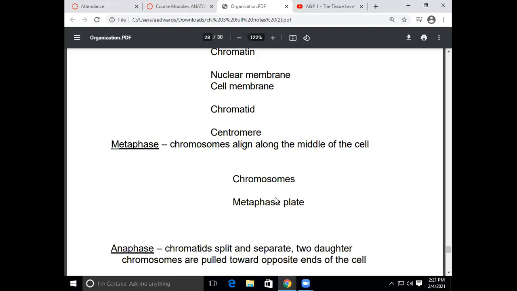Those spindle fibers, you can see those are attached there at the centromeres. We call this the metaphase plate, a line in the middle.